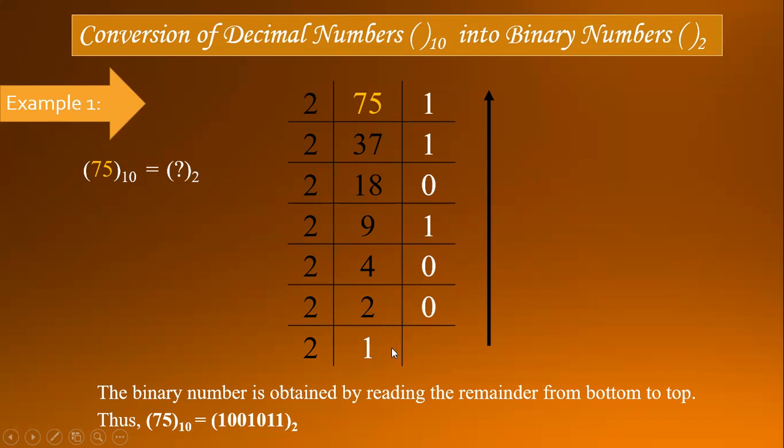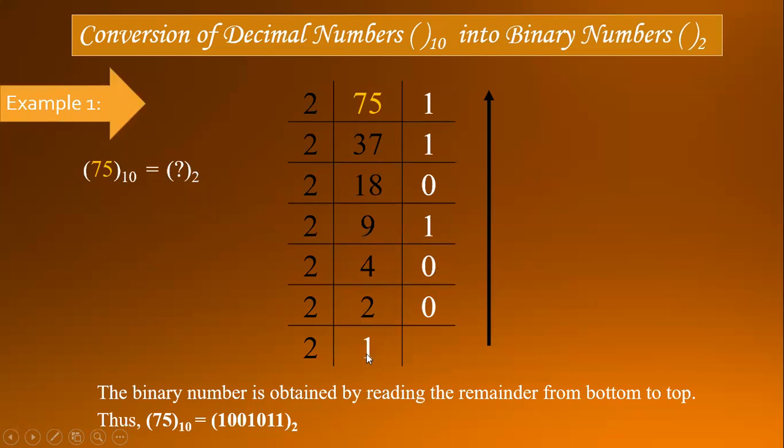In this way, we have to record each remainder from bottom to top. Always remember that when the number is odd, the remainder will always be 1, and when the number is even, the remainder will be 0. In this way, you can cross-check your division.